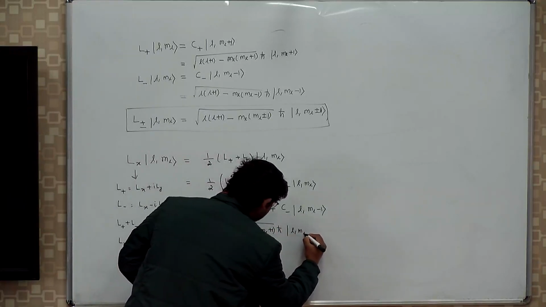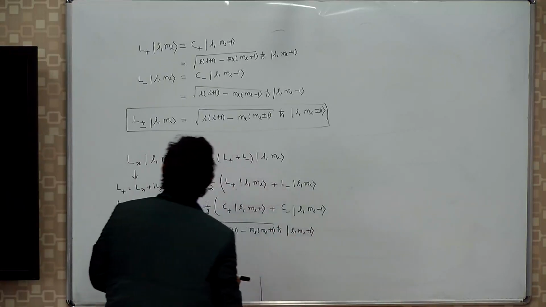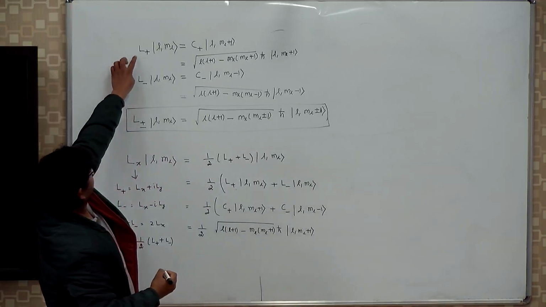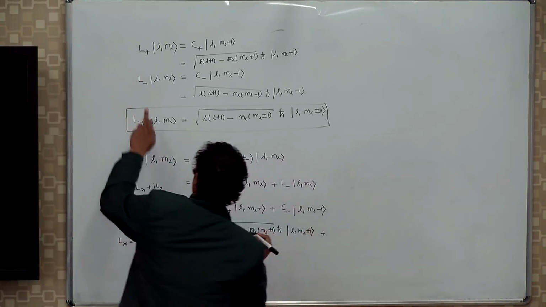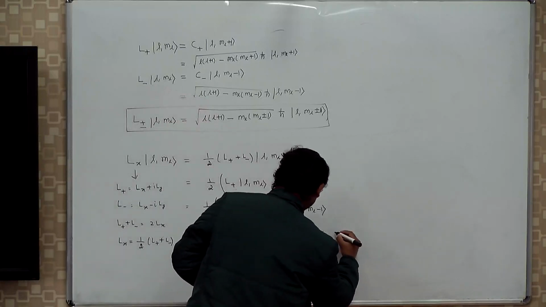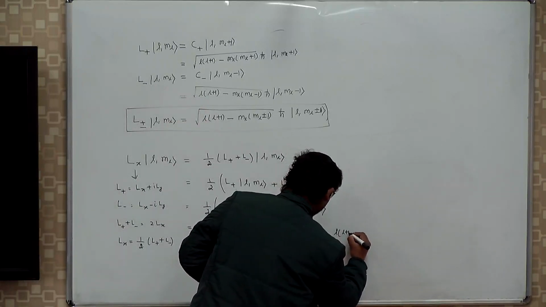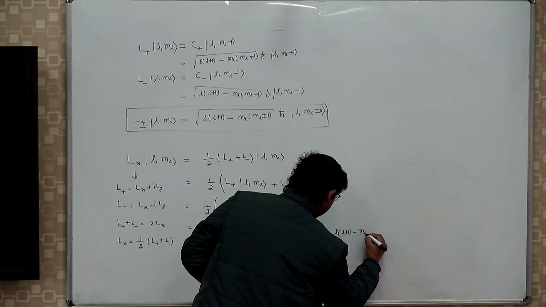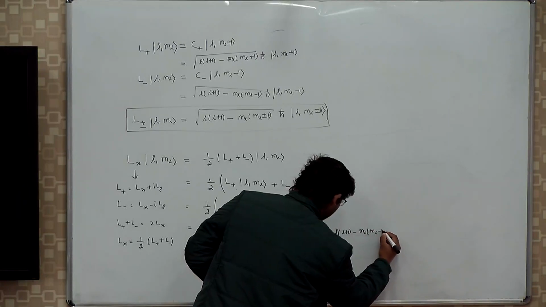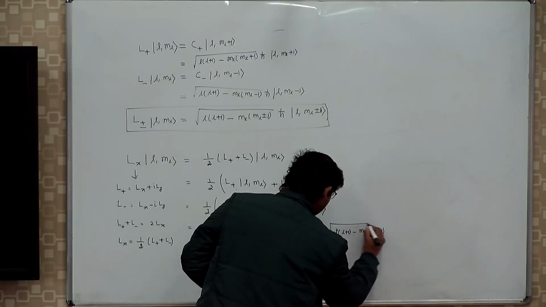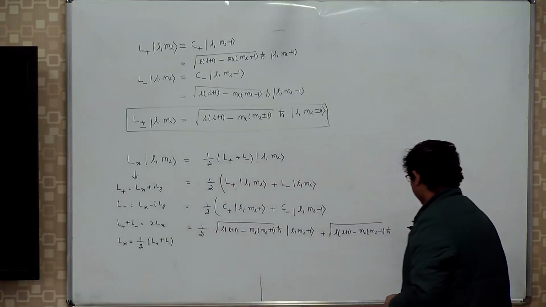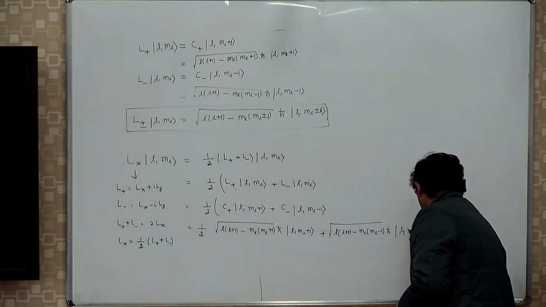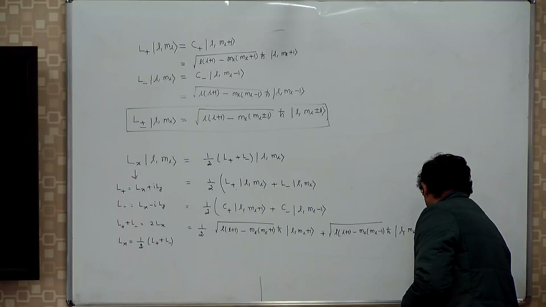Then plus C-, which is the square root of L(L+1) minus mL(mL-1), times h-cross, again with the state L, mL minus 1.